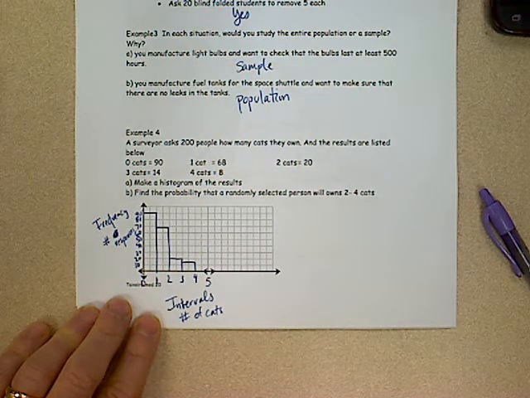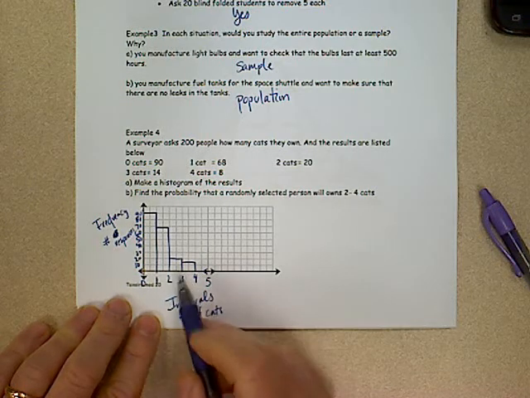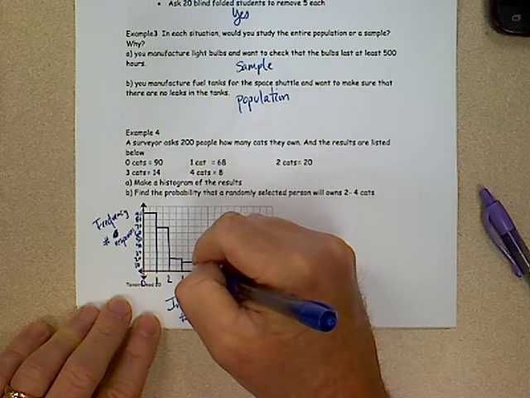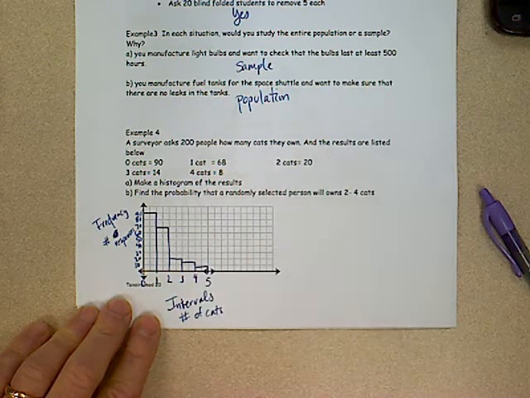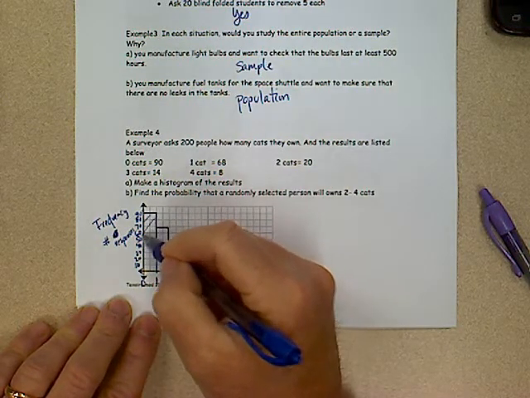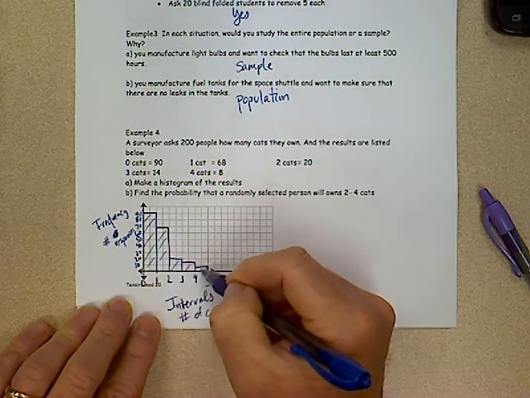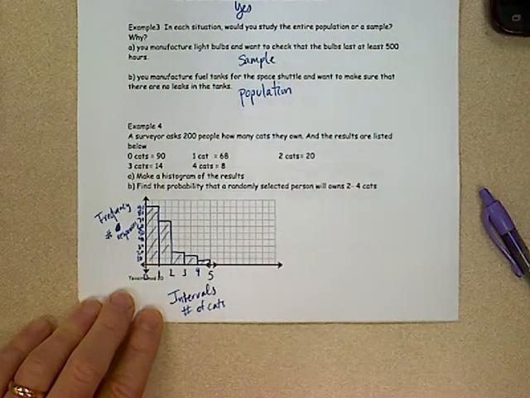Did I forget one? I think I might have forgotten one here. We got 2 cats is 20, 3 cats... Oh, sorry. 4 cats is 8, so we're going to go about up to here. Sorry, kind of lost track of what I was doing there for a second. You can put design in there if you want. Okay, make it look nice. That's up to you.